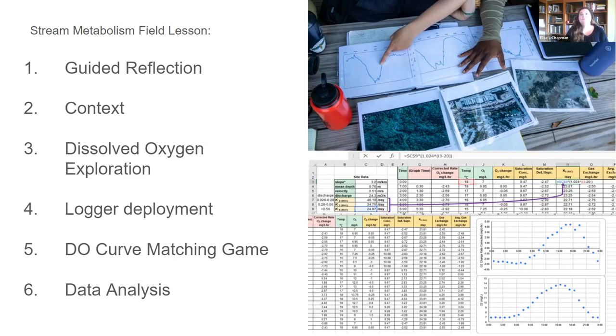And so you can see students are given, in this case, we gave each group 3 site images with an inset global map, so they know globally where their study site is, and a diel dissolved oxygen curve to enhance a discussion about the landscape level drivers of ecosystem metabolism and dissolved oxygen in the water column. And so they match these so that even though they're just doing it at one point in time and in one location, they have that perspective of landscape scale drivers of ecosystem metabolism.